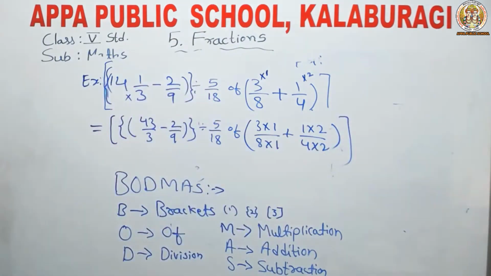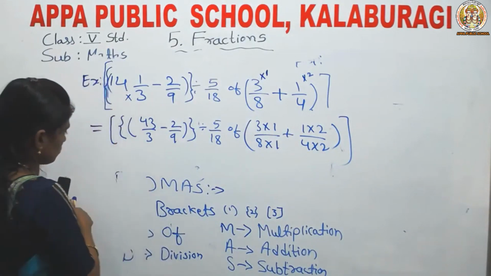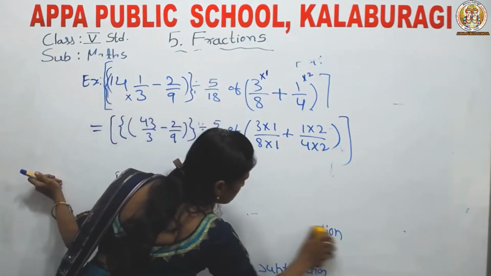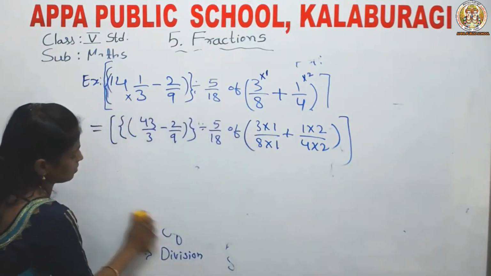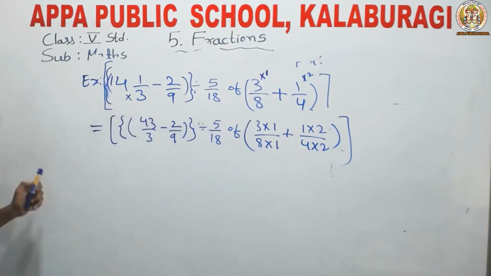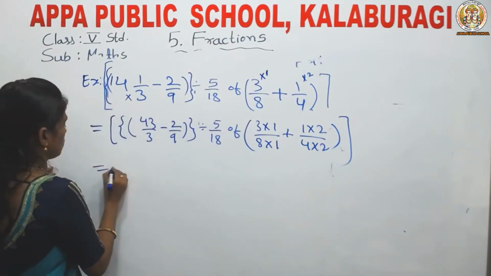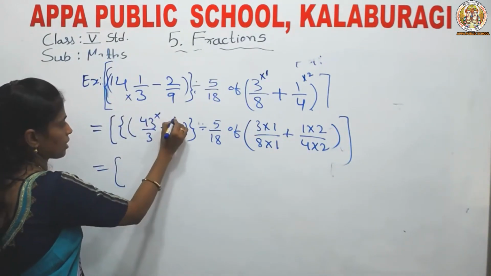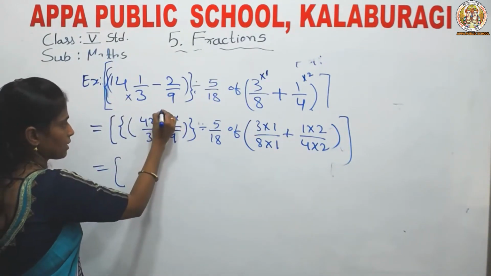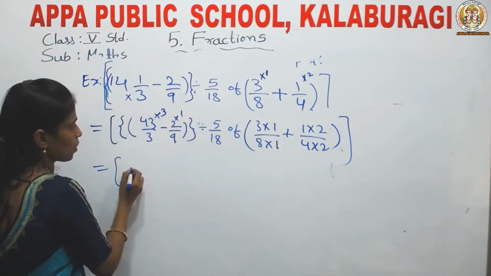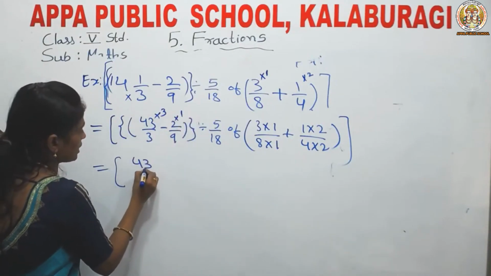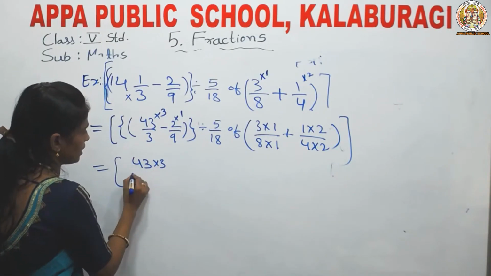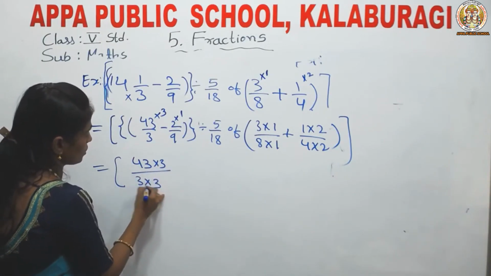Next. Now 43. Here also the denominators are different. Take LCM, you'll get 9 and here also 1. That is 43 into 3 divided by 3 into 3.